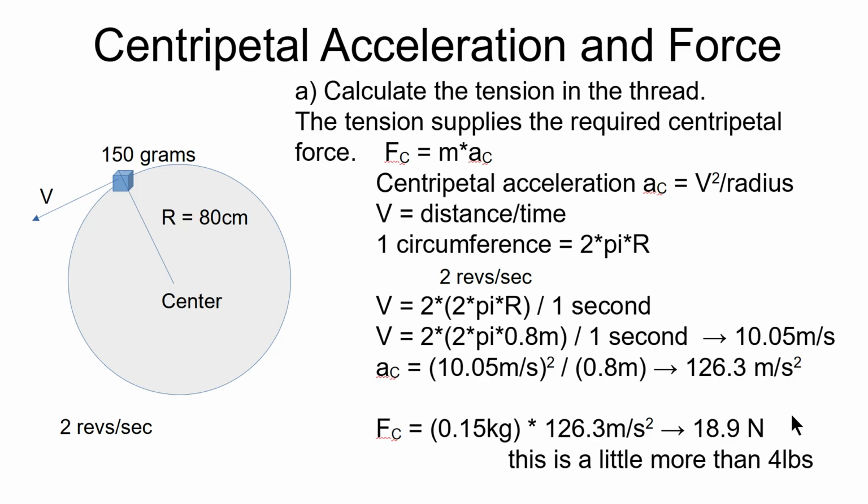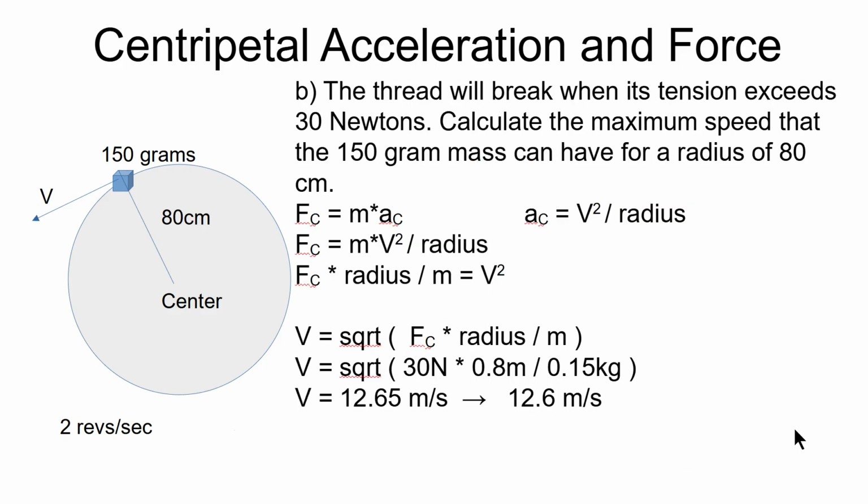And just to put that in the English system for context, it's a little bit more than 4 pounds that this thread has to support. Well, we can go a little further. We can suppose that the thread breaks if the tension gets above 30 newtons. What is the maximum speed for this mass if the radius is still the 80 centimeters?